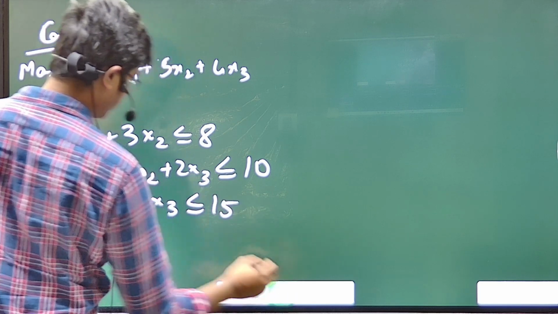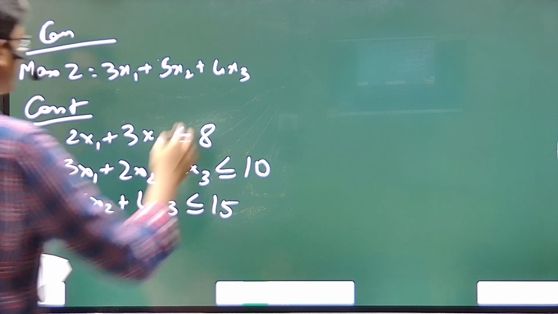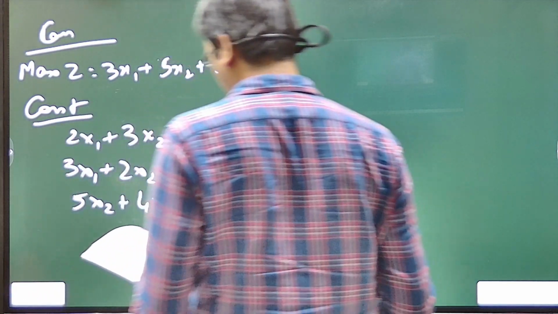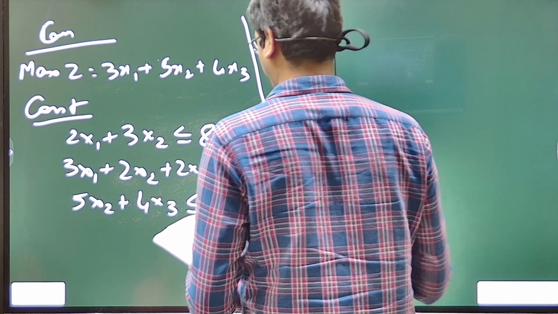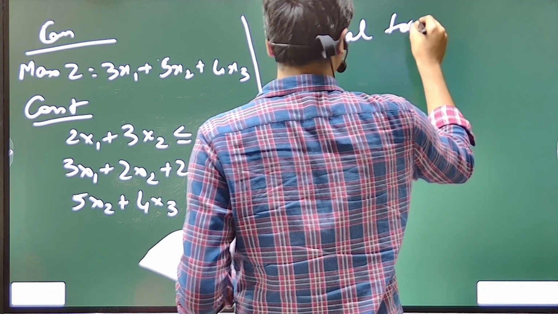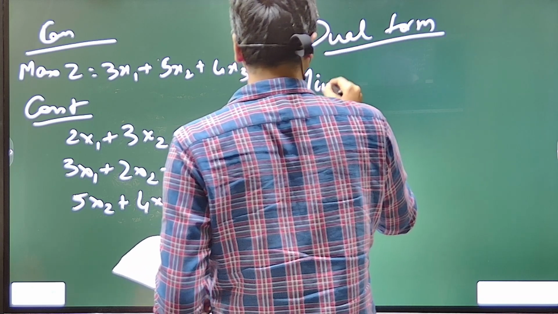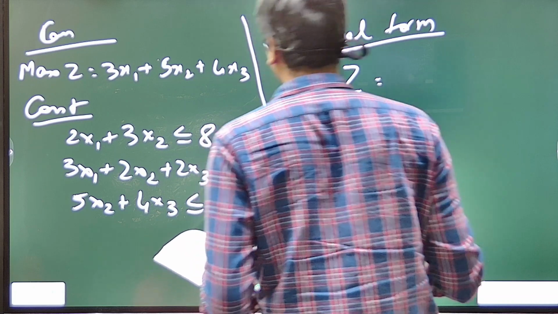So this is your canonical form. As per step 3, maximize will become minimize. So in the dual form, maximize will become minimize z, and let us assume variables as y.